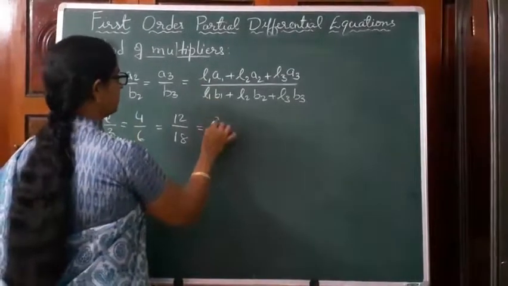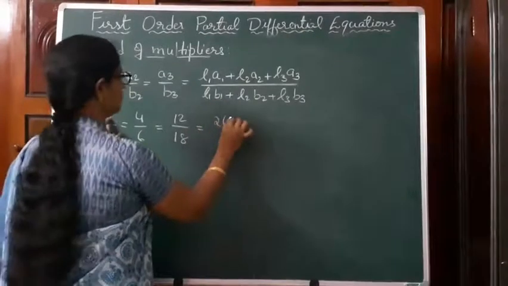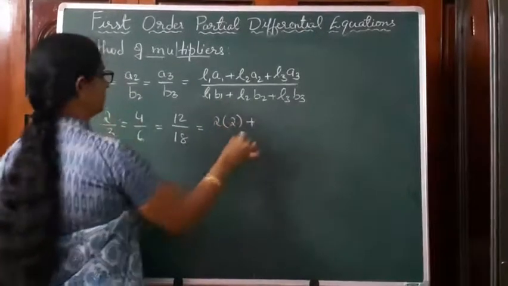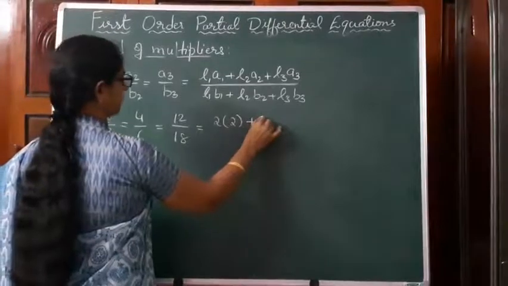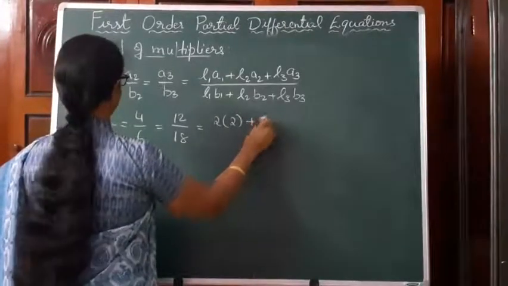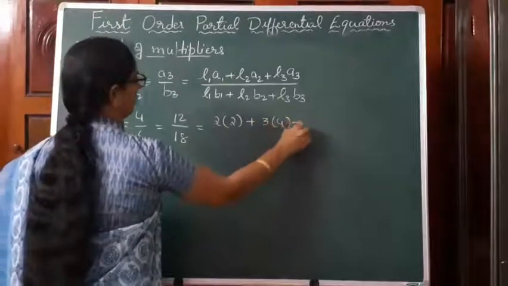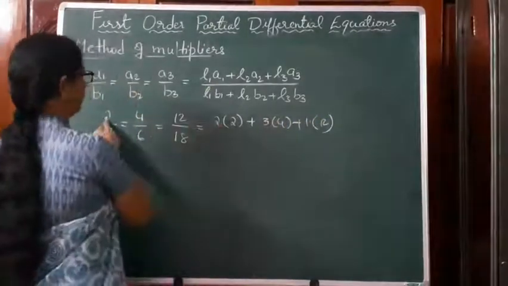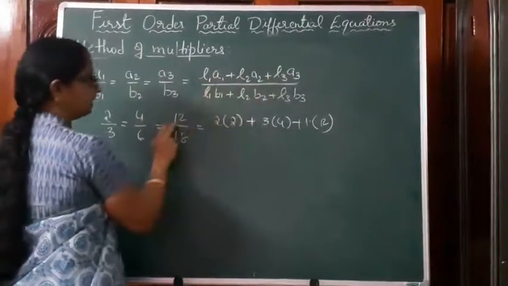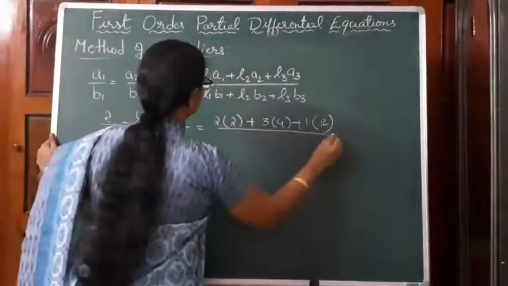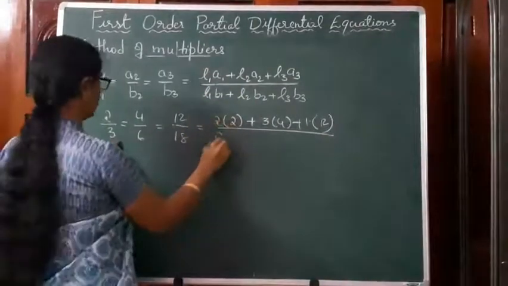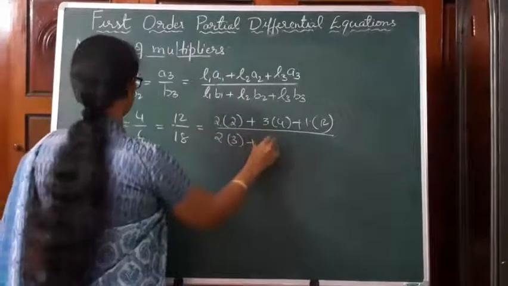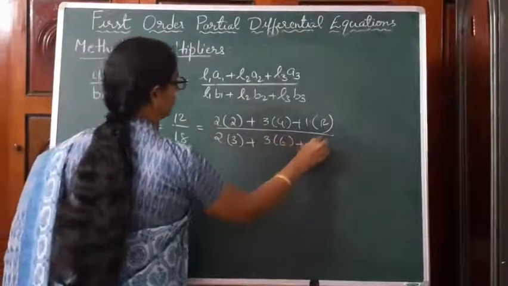For example, I take 2 as L1, 3 as L2 and 1 as L3. So L1A1 plus L2A2 plus L3A3 by L1B1 plus L2B2 plus L3B3, that is 2 into 2 plus 3 into 4 plus 1 into 12, by 2 into 3 plus 3 into 6 plus 1 into 18.